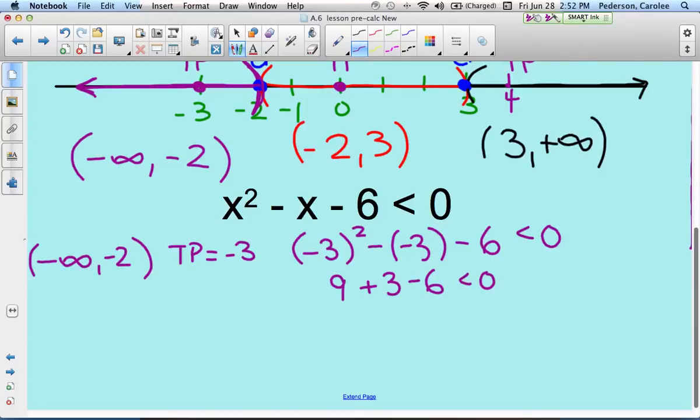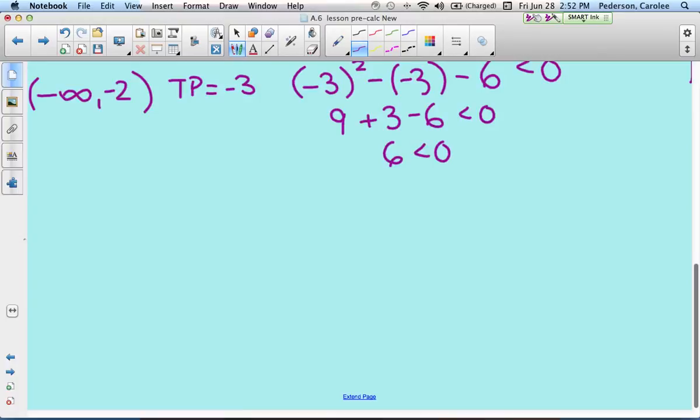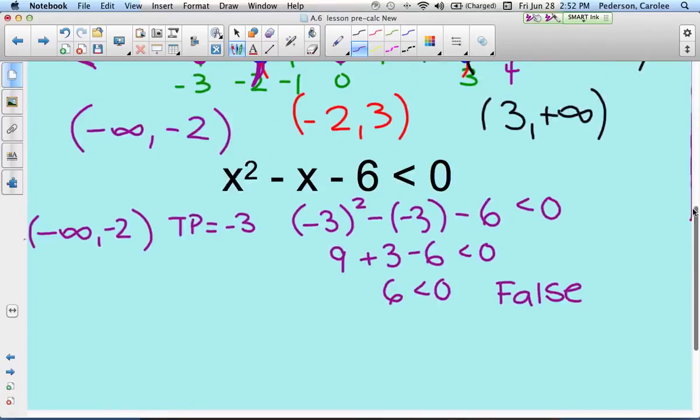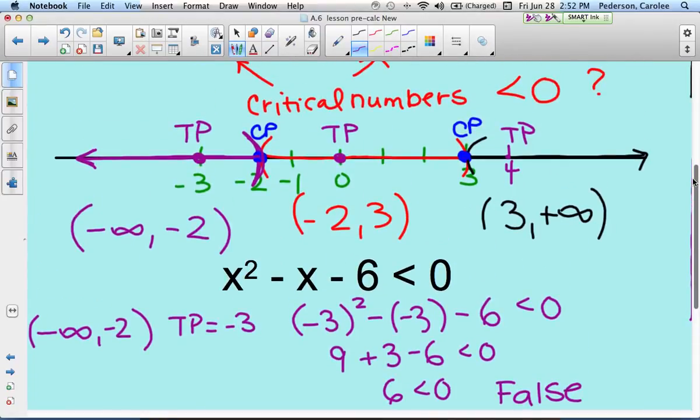Now combine those terms. 9 plus 3 is 12. 12 minus 6 is 6. Now let's read this inequality. Is it true that 6 is less than 0? No, that's false. So the interval in the purple is not true. It does not work. So we can cross this out. Not possible.